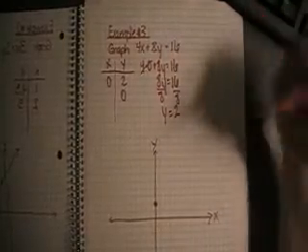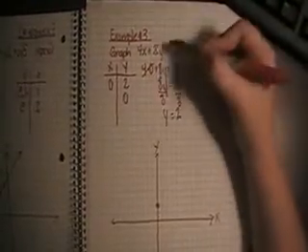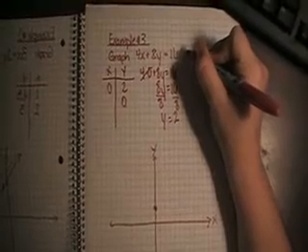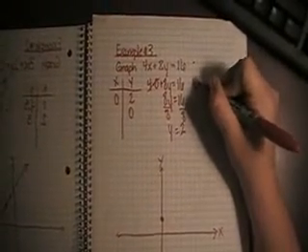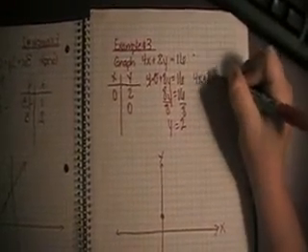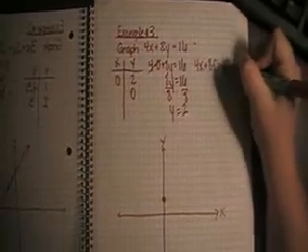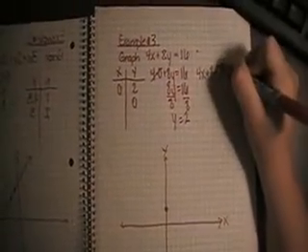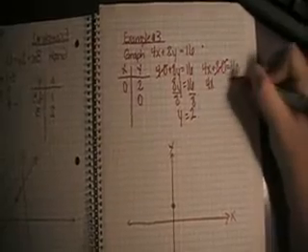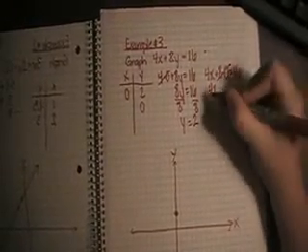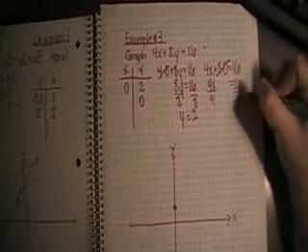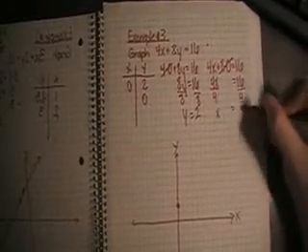To find my x-intercept, I will substitute 0 for the y. Eight times 0 is 0, so that term is now canceled out. And when I solve for x, I get that x equals 8.